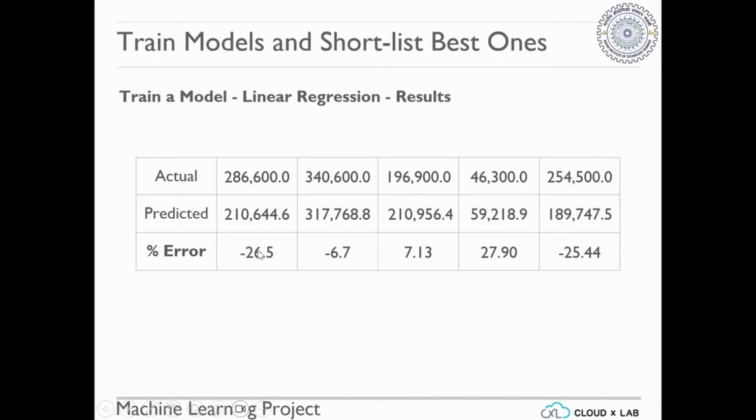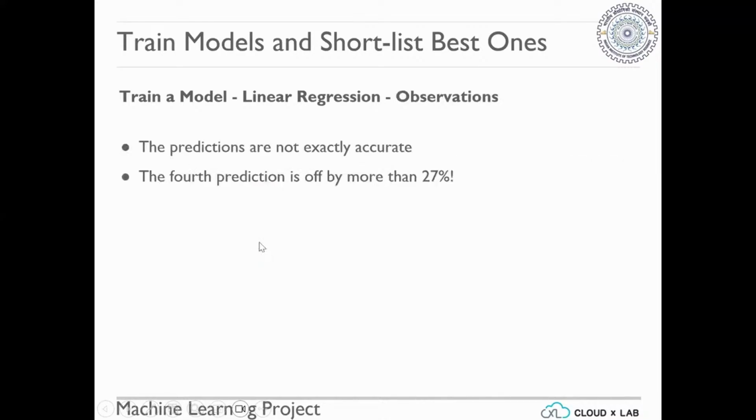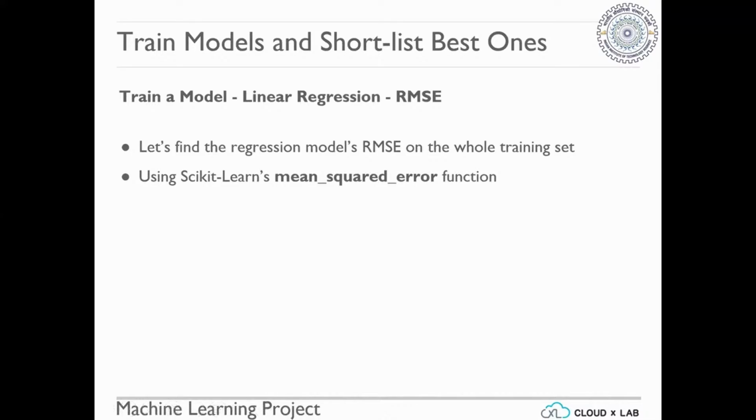We will only consider the magnitude of the error and not the sign, right? So this is why we are calculating RMS error, root mean square error. You can take either root mean square error or mean square error; both you can take.